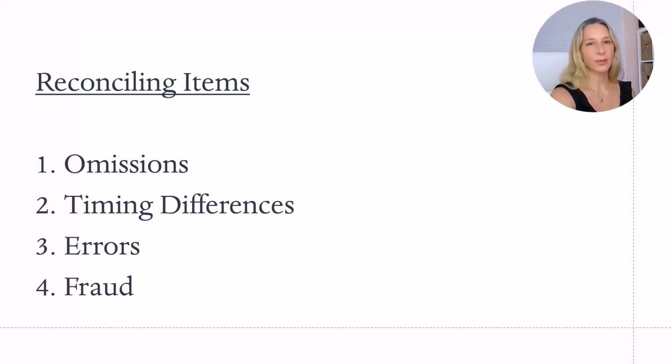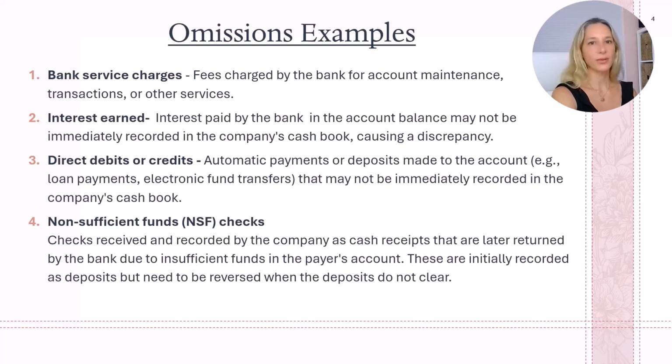Let's go over some examples of the categories. Here are some examples of omissions. Bank service charges. Fees charged by the bank for account maintenance, transactions, or other services. These are typically deducted directly from the bank account but may not be immediately recorded in the company's cash books. Interest earned. Interest credited by the bank on the account balance may not be immediately recorded in the company's cash book, causing a discrepancy. Direct debits or credits.